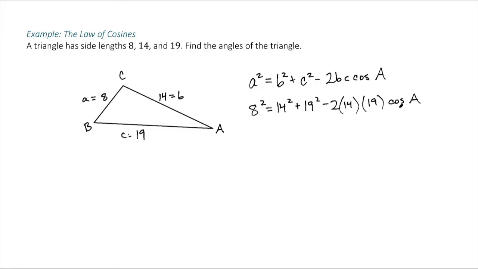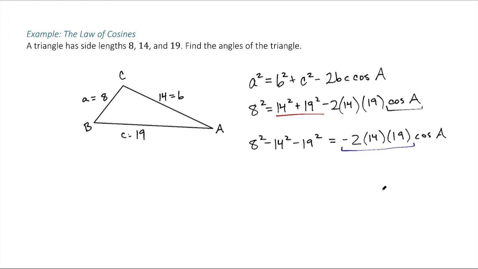So now at this point we can solve for the cosine of A. So we can subtract these two terms here, the 14 squared and the 19 squared. So we have 8 squared minus 14 squared minus 19 squared. That's equal to negative 2 times the 14 times 19 cosine of A. And then we can divide by these numbers here.